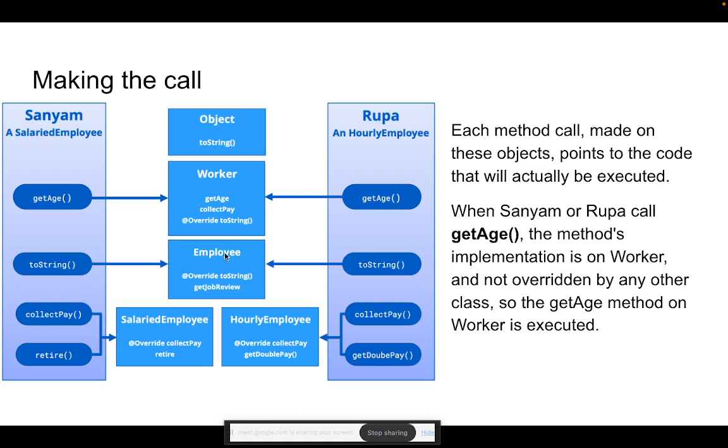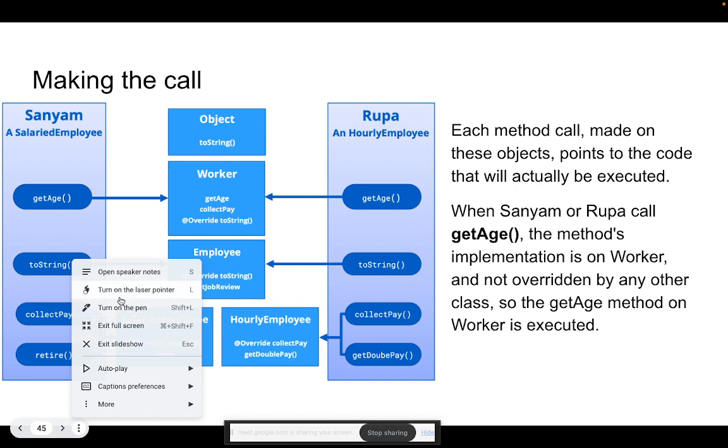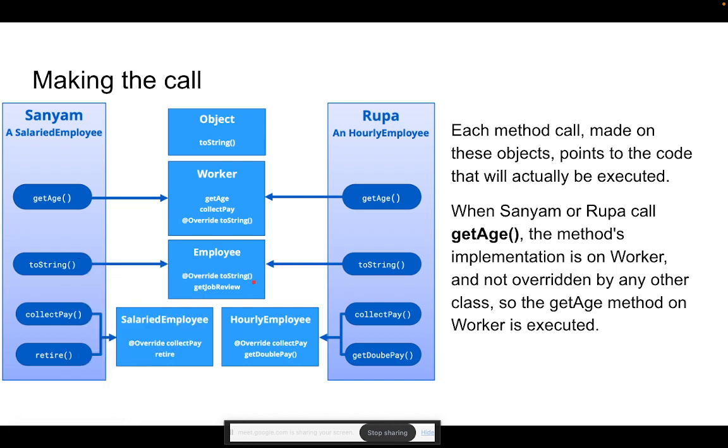Employee is another class where we have override toString and getJob. And for salaried employee and hourly employee, we have their respective functionalities. So object 1, Siam, can access these 4 functionalities, and we will see which class each of these functionalities belongs to. That is the first thing. Similarly for Rupa's case as well.